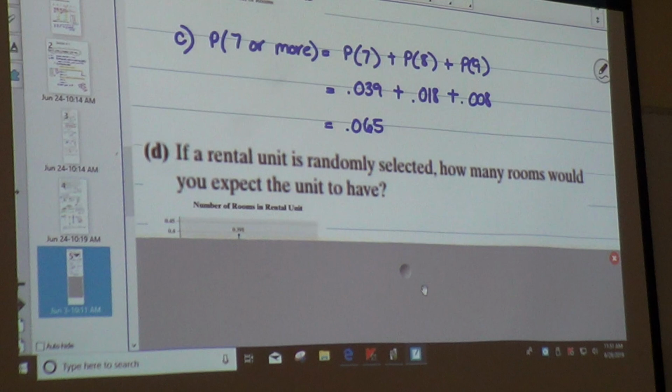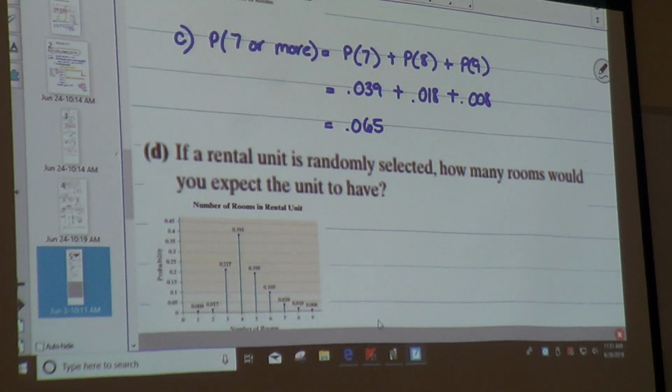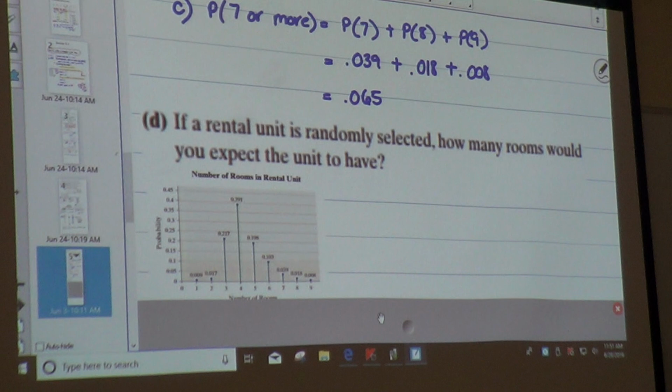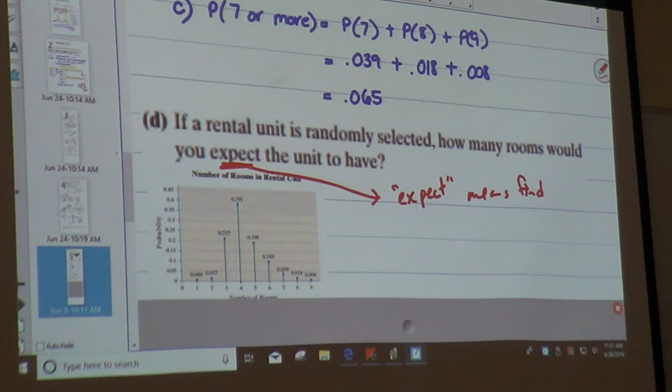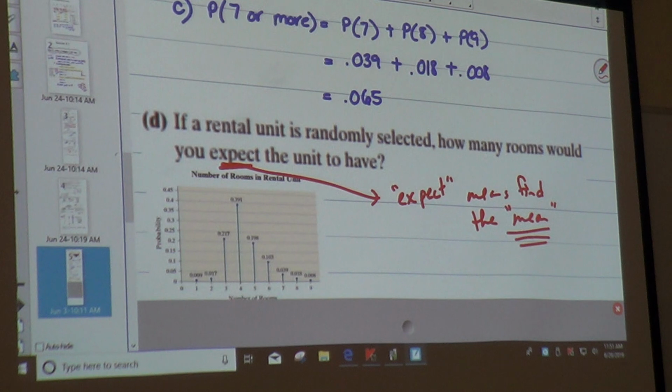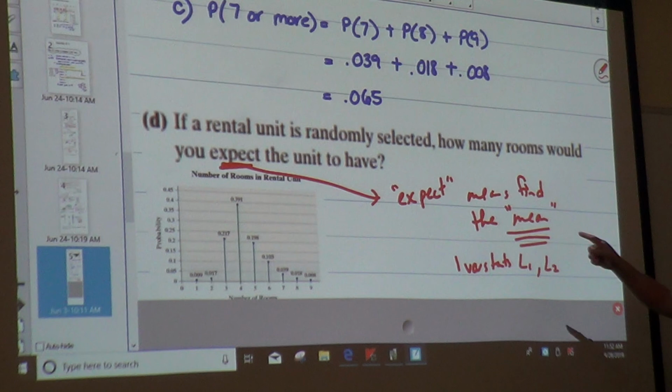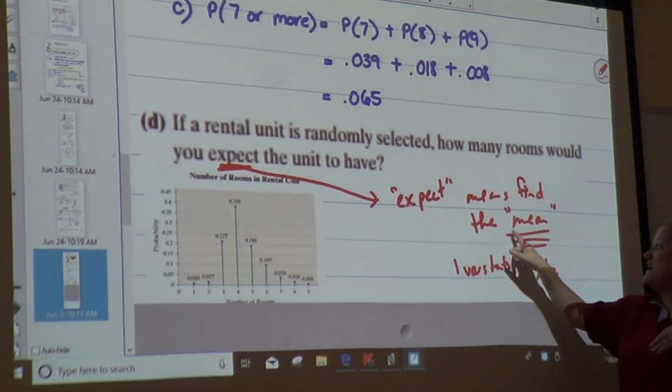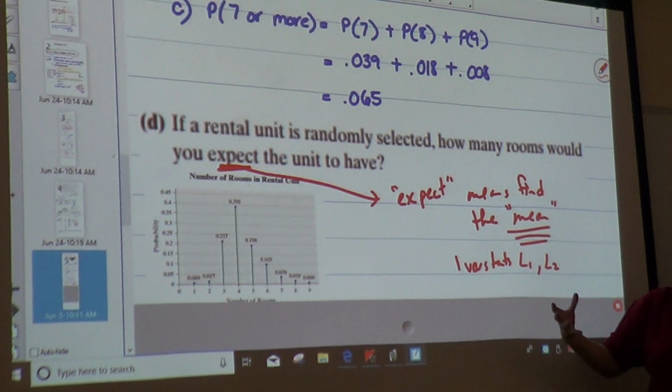Now for this one, when it says how many rooms would you expect to have, when you see expect, that means they want to know the mean. They want to know the average.